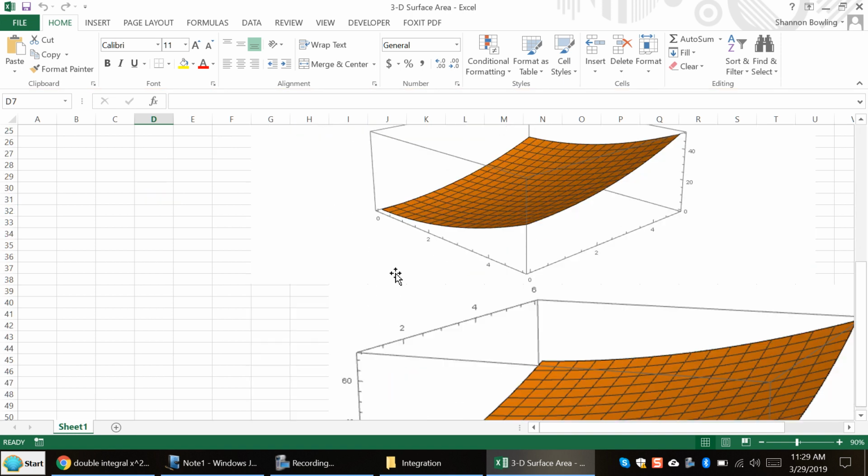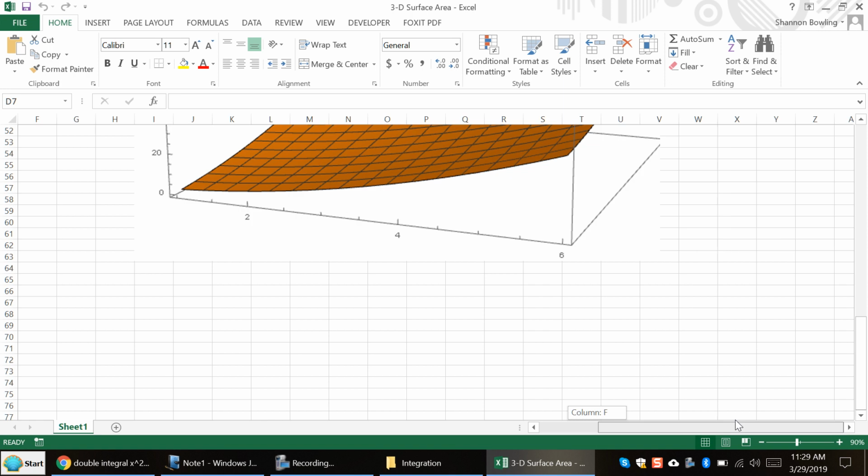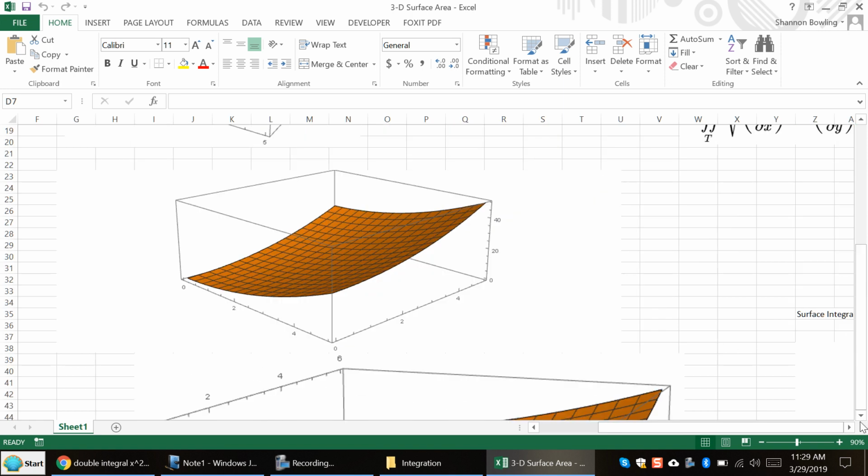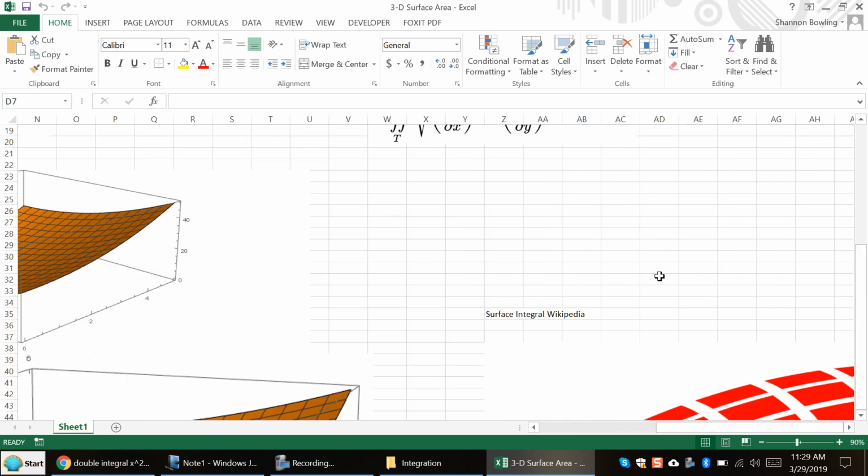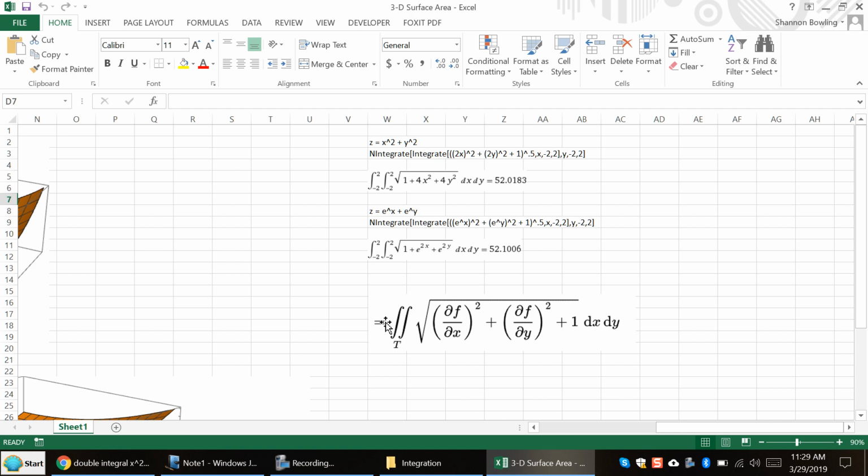So calculating the surface area of a function is actually a little complicated because you have to plug into this formula right here where you take the double integral of the partial derivative with respect to x plus the partial derivative with respect to y, square them both, add them together, and then add them to 1.